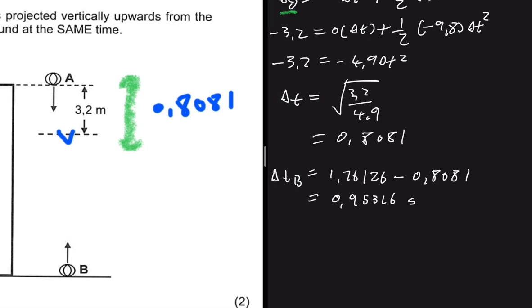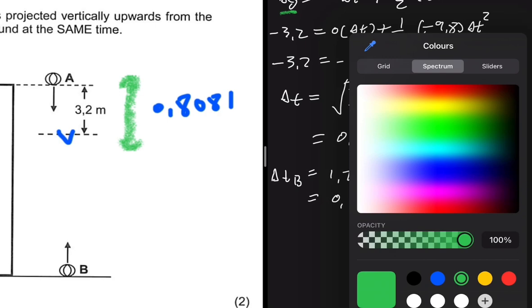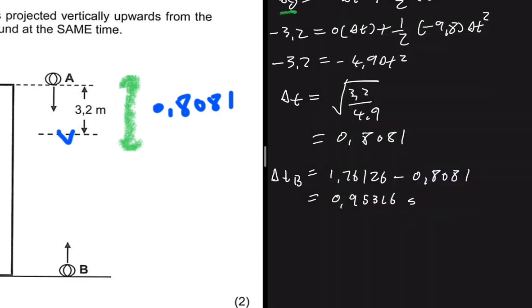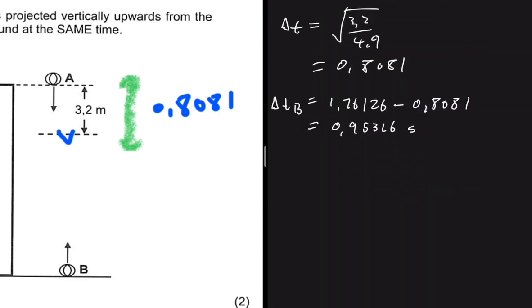Let's revisit the information we have for ball B and see if we can manage to find that Vi. We have the time for the total motion, right? We can put that in mind. And then Vi is still our unknown. We have the acceleration, which is minus 9.8 meters per second squared.